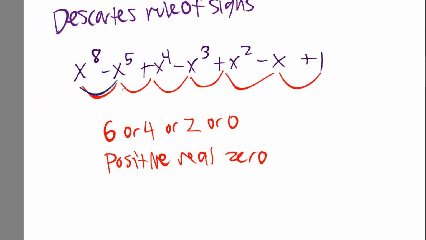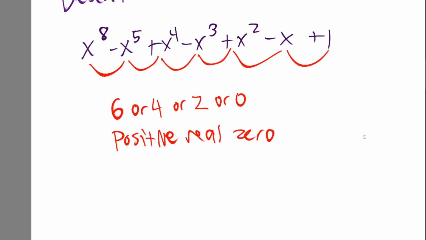You just look for a positive to negative, negative to positive, and so on. The next part is also fairly simple, but you have to be a little careful, because we're going to plug in f of negative x. We're going to plug negative x into our equation above, and then do basically the same thing to see which signs are changing.